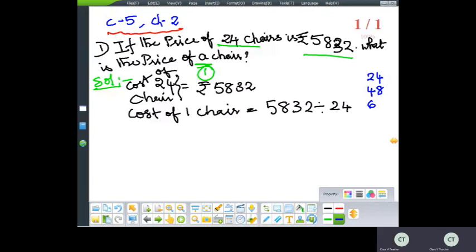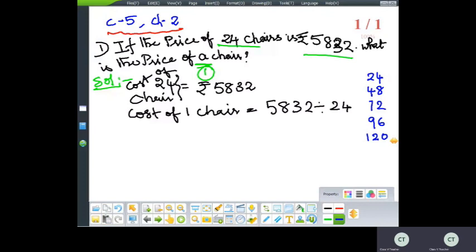I am writing the 24 table here, children, in the side. Directly I am writing.